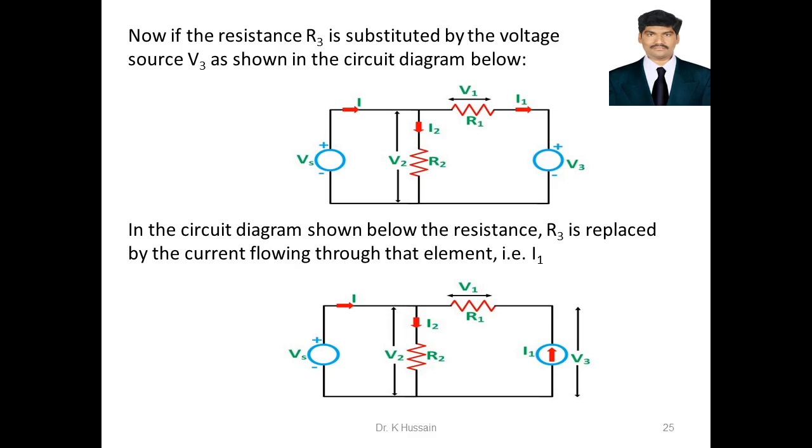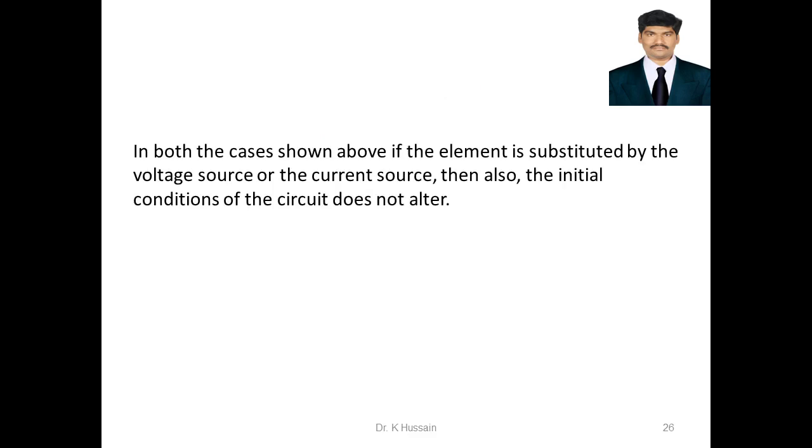Now we'll see that in both the cases shown above, if the element is substituted by a voltage source or a current source, then the initial conditions of the circuit do not change, do not alter. Whether you replace it by a voltage source or a current source, the initial conditions won't be changed.